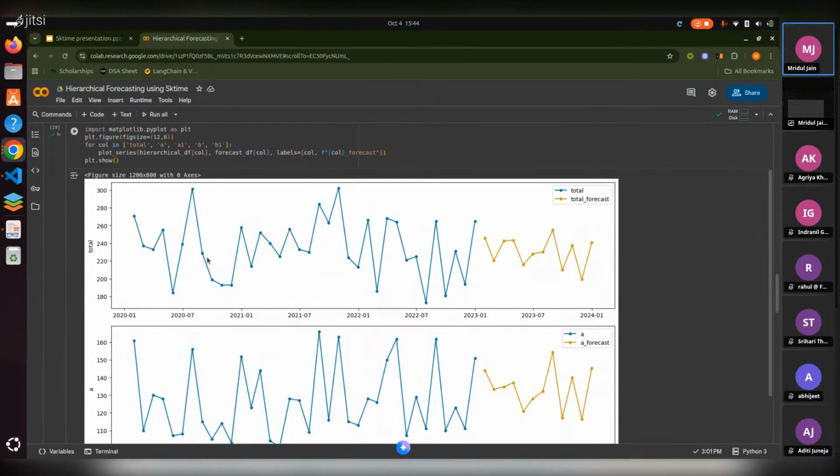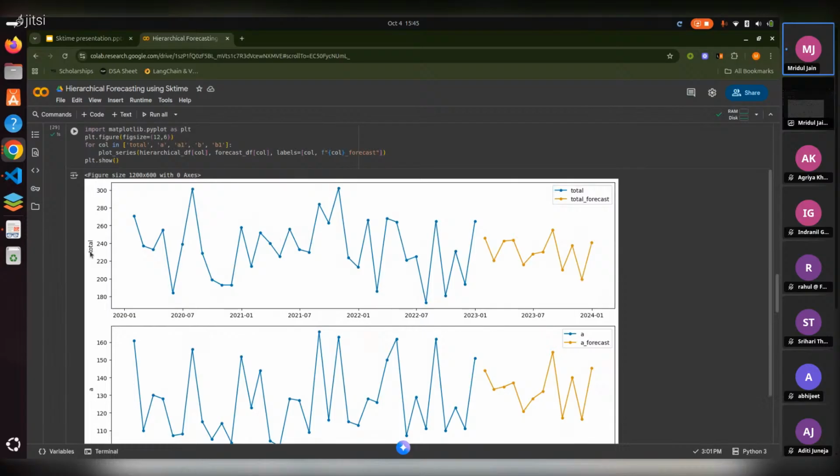So as you can see, from the months of 2020 January to 2023 January, what we're going to observe is the values are between 260 and 280, right? But then from 2023 July, the values have started decreasing.